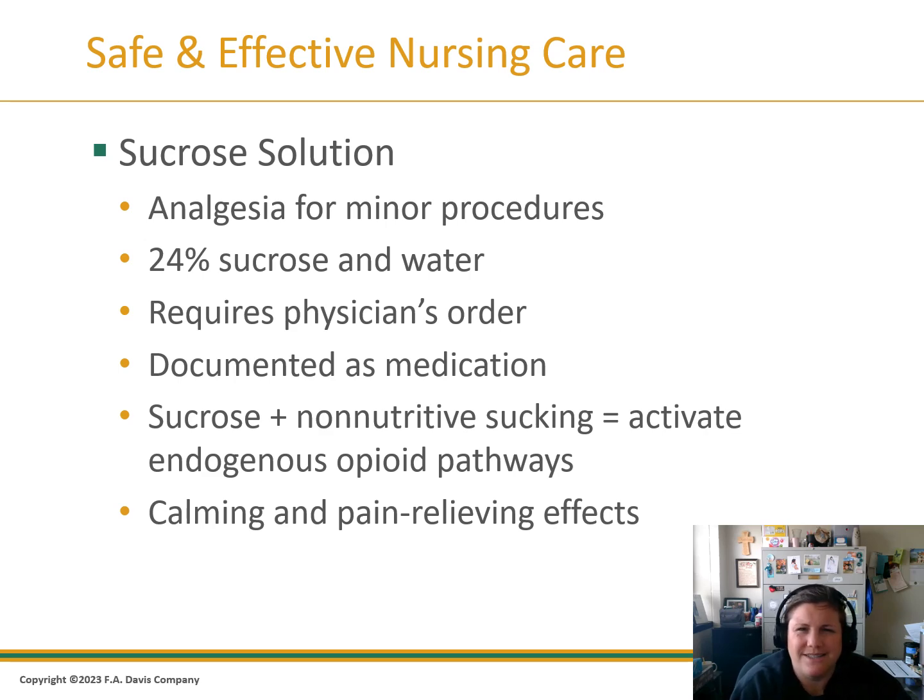So there are these endogenous opioid pathways in the brain. And when you do things like this sugar water mixture, the idea is it's trying to improve or increase these natural pain relievers for the baby.